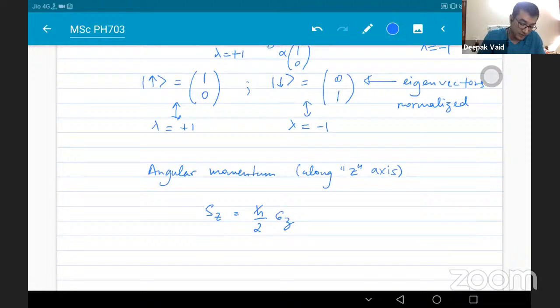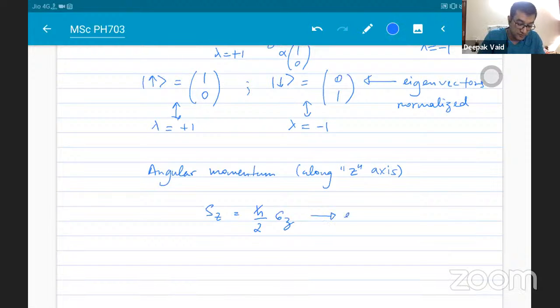This operator will have two eigenvalues: plus h bar by 2 and minus h bar by 2. It's just plus 1 multiplied by h bar by 2, because this is just scaled up by that factor.